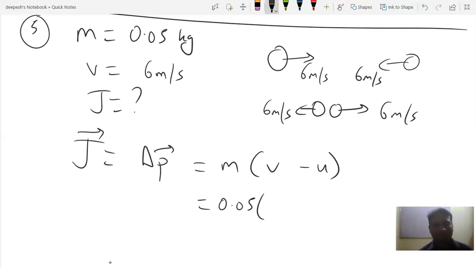If I consider this ball as ball 1 and this other ball in red color as ball 2, then the change in momentum of ball 1 is equal to the impulse of ball 1. So J1 will come out to be 0.05, the final velocity of ball 1 is minus 6, and the initial velocity is 6. So 12 into 0.05 will be the magnitude of impulse.